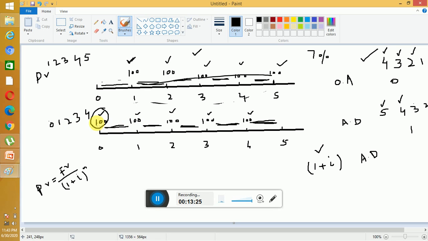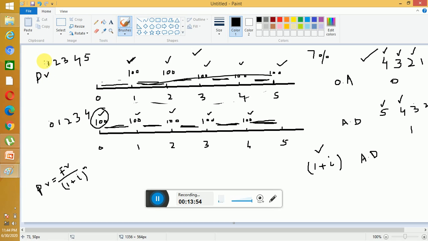Then for this 100, we will calculate its present value by taking 1 year. Then this one 2 years, this one 3, and this 100 4 years. The number of years will become 4. In this way we will calculate the present values of all these.